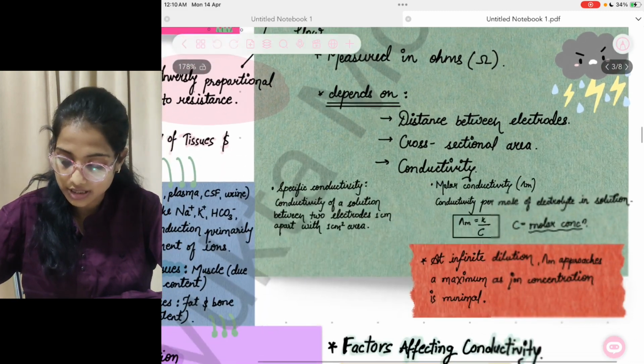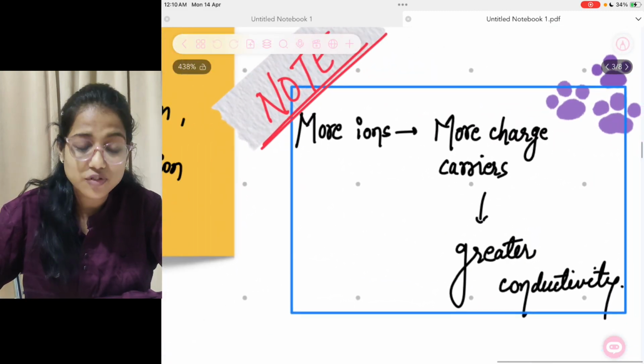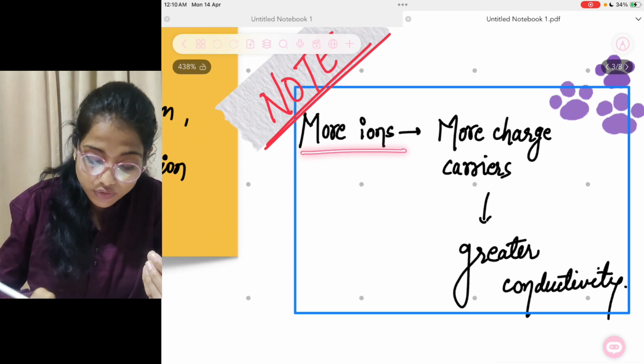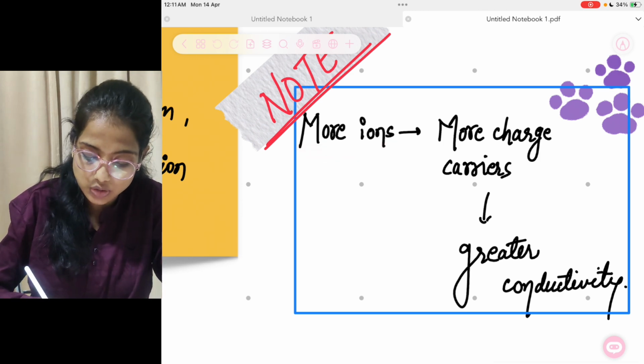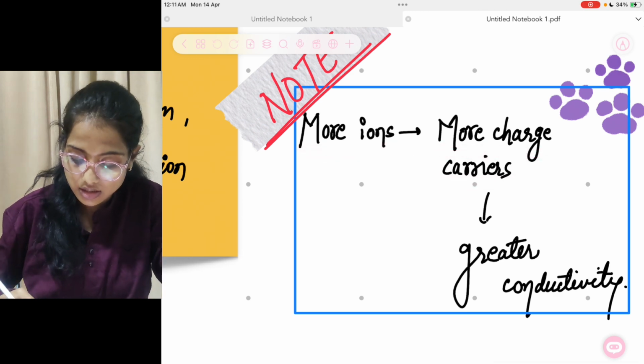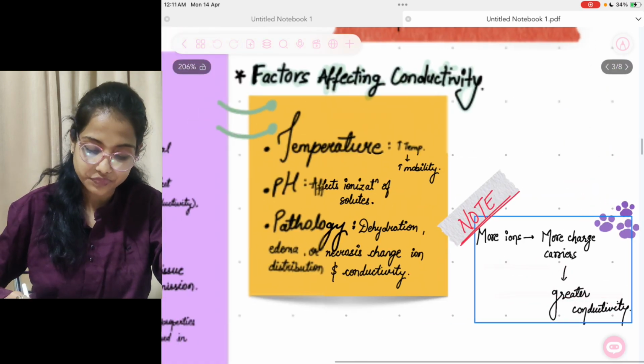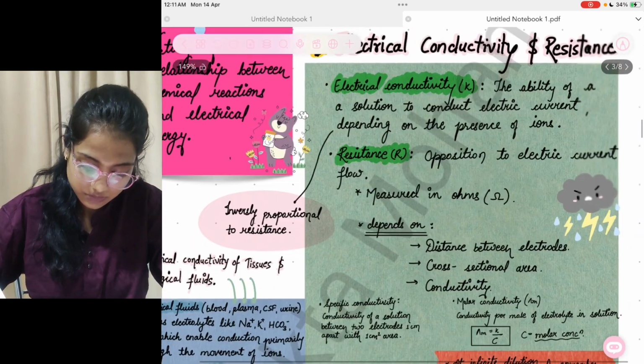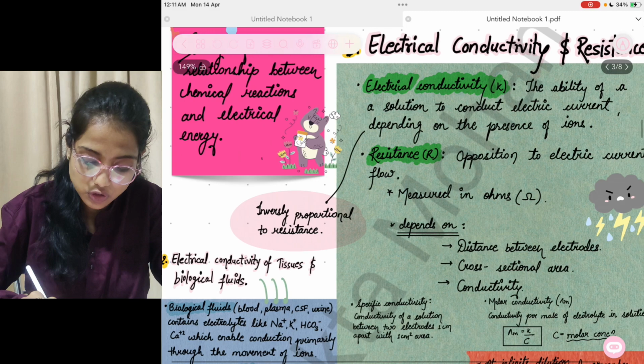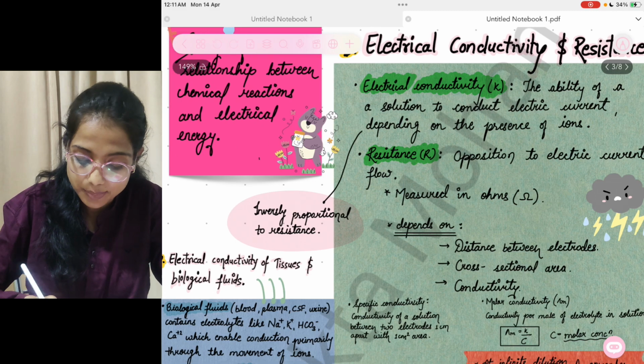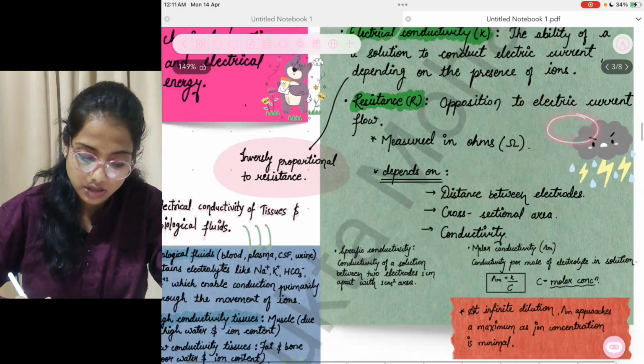So I want to tell you that if a solution has more number of ions, then there will be more charge carriers and the greater will be conductivity. So once again, the ability of a solution to conduct electric current depending on the presence of ions.